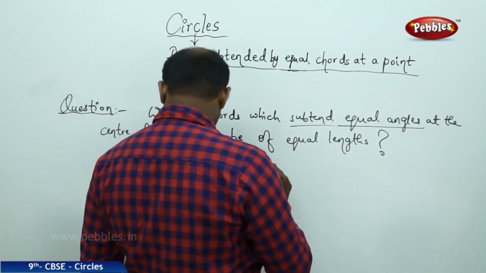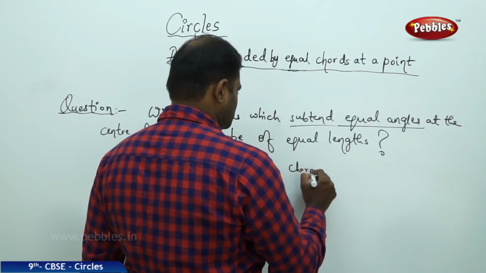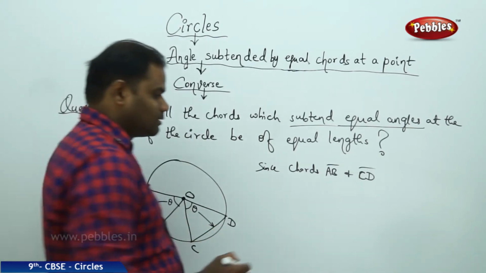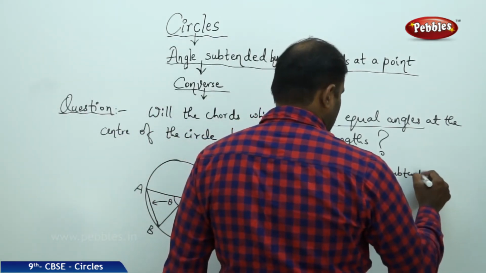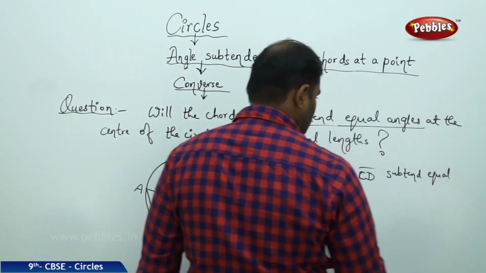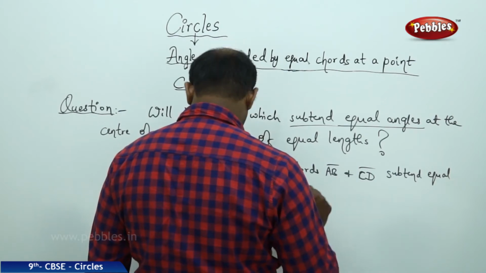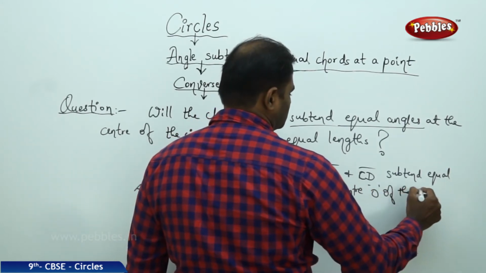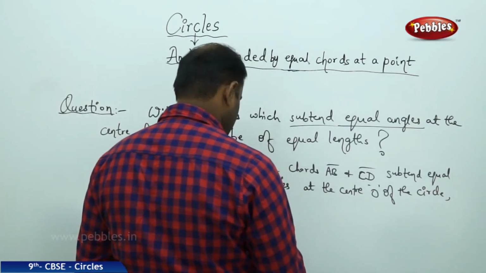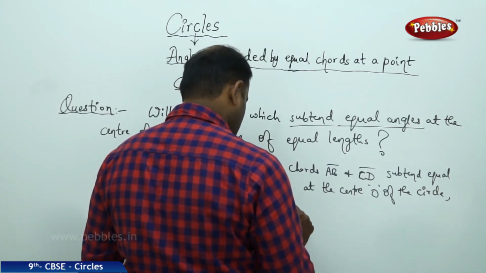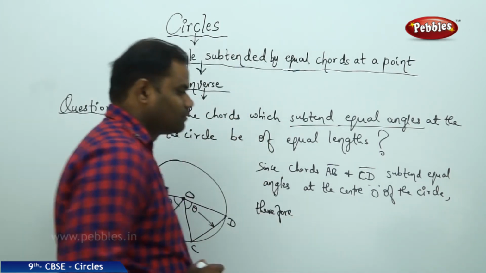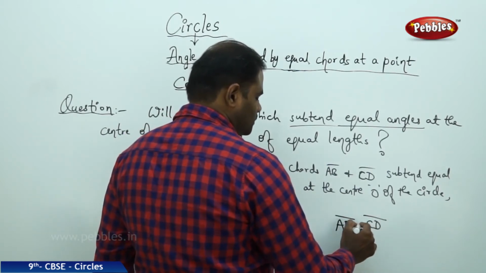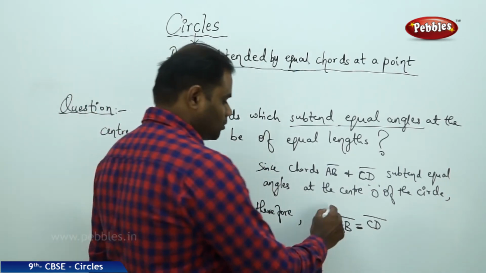That is, since chords AB and CD out here subtend equal angles at the center O of the circle, therefore the two chords must be of equal lengths, is how I understand the property.